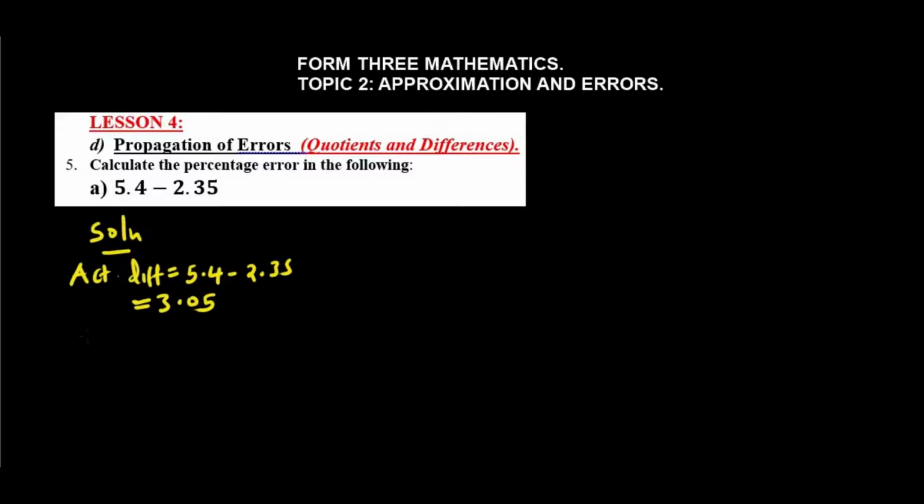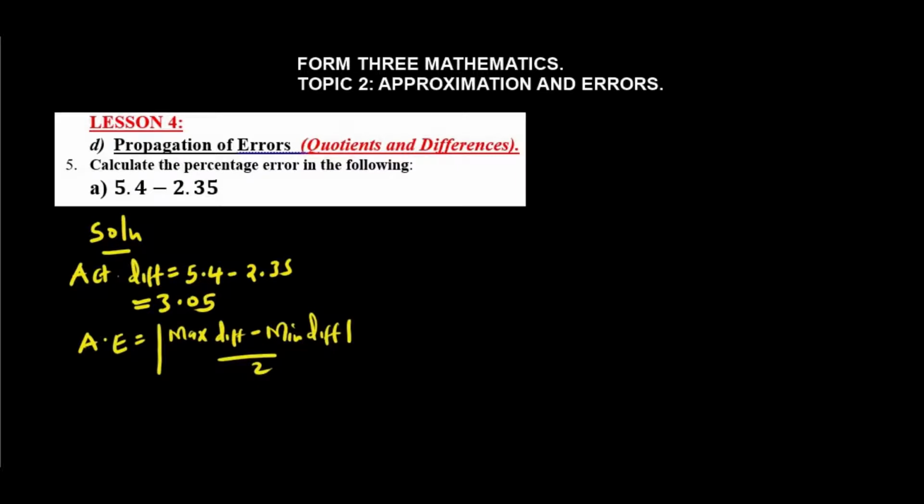So next we get the absolute error, which is obtained by simply determining the absolute value of the maximum difference minus the minimum difference, all divided by 2.